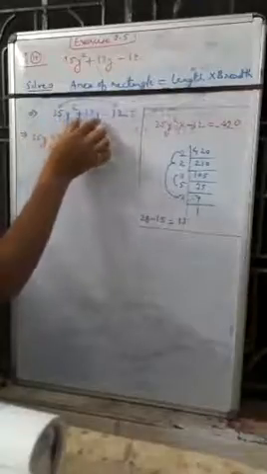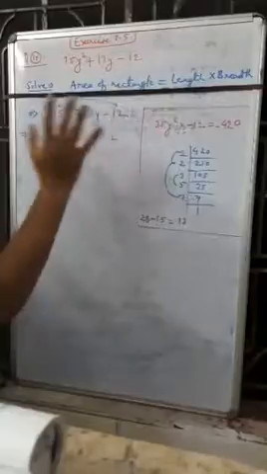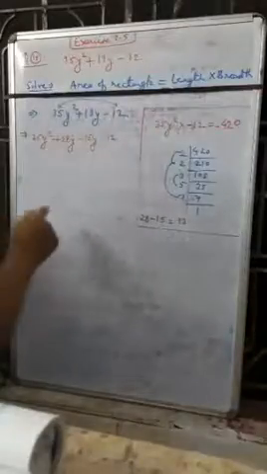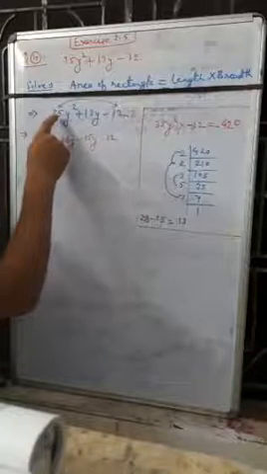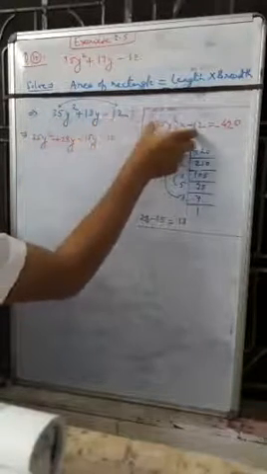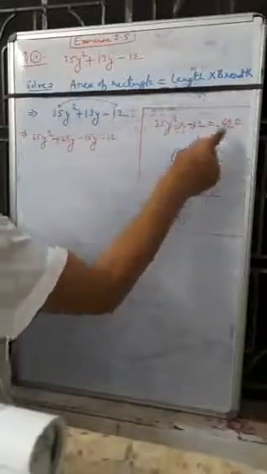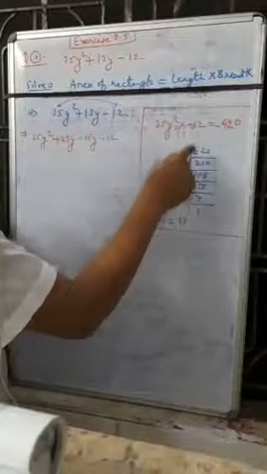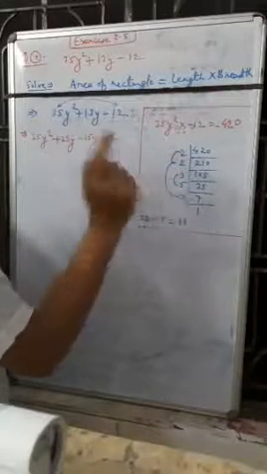So we again split the middle term by using the factorization method. The first step of the factorization method is to multiply the first and last term. So 35y square into minus 12 we will multiply. So we will get minus 420. Now factorize 420 as 2 into 2 into 3 into 5 into 7.